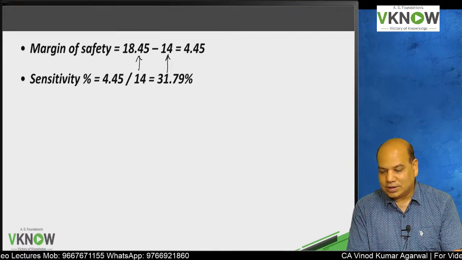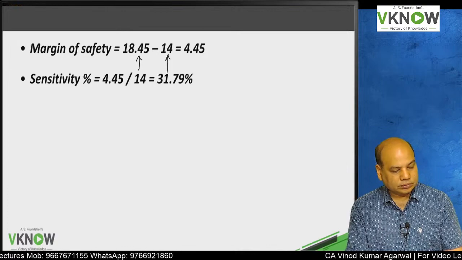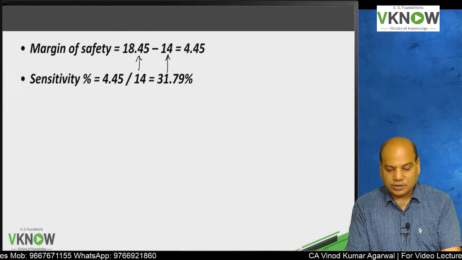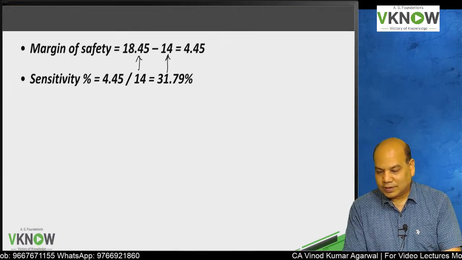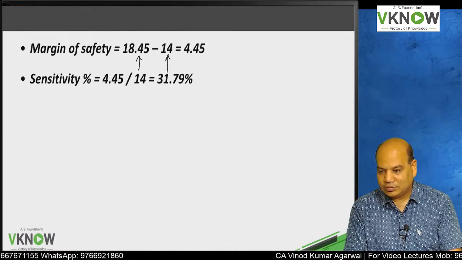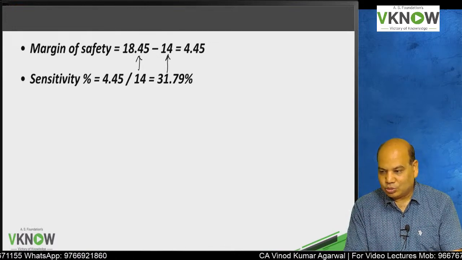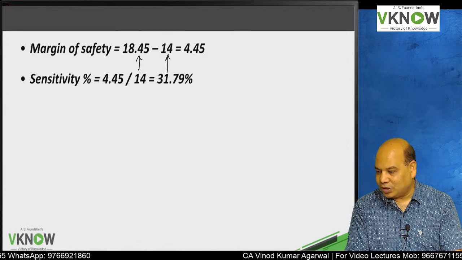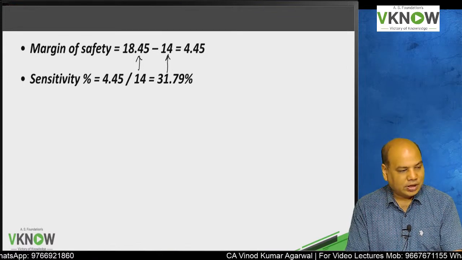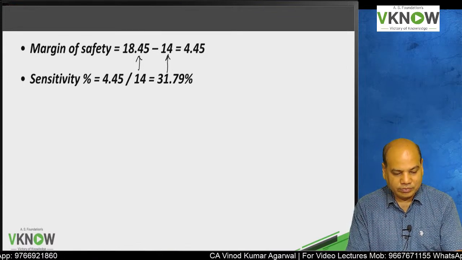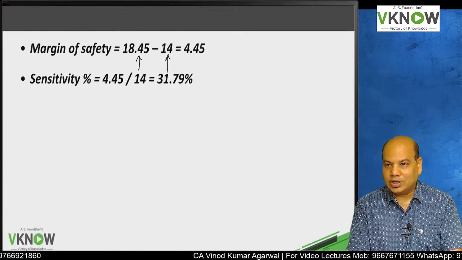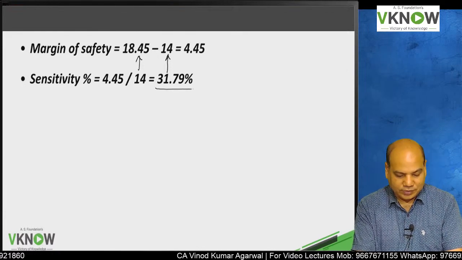Then write down sensitivity percentage: 4.45 divided by original estimated rate 14. Answer is 13.79. 13.79 is the margin of safety.